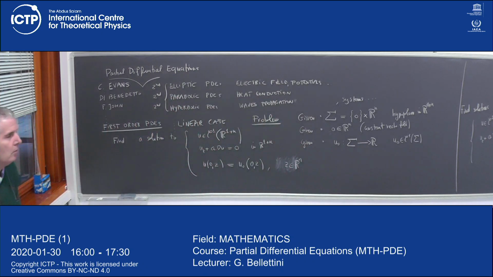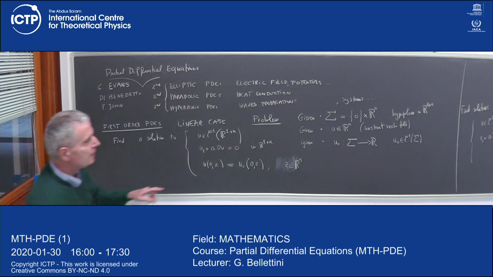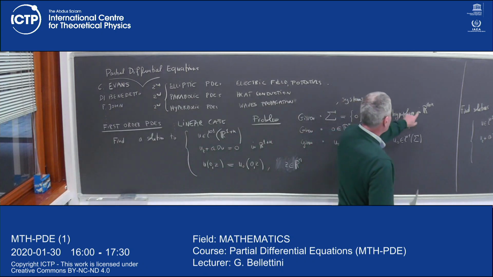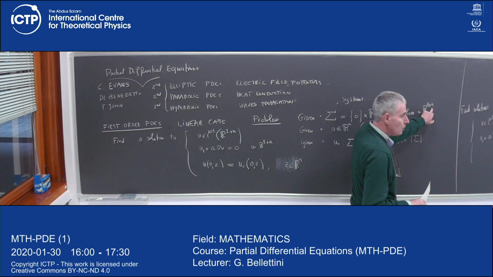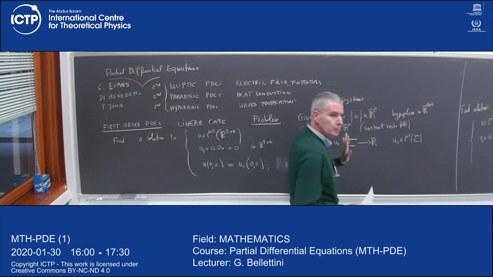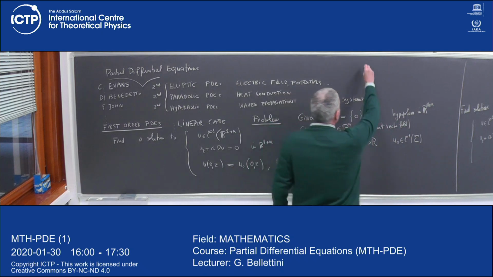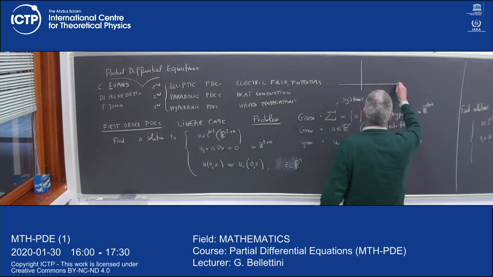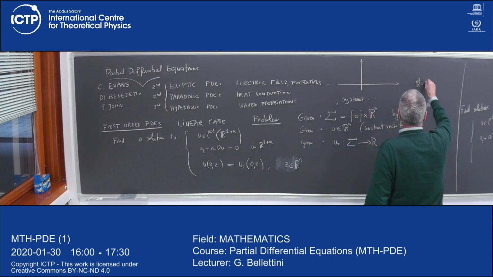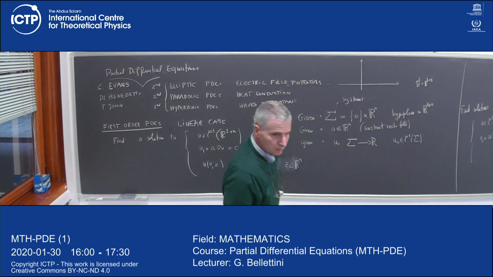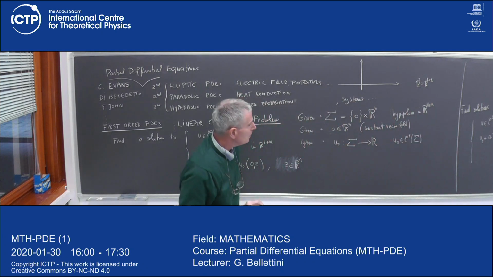Okay, let me explain. So we are sitting in R^{1+n}; think for simplicity n equal 1, so we are sitting in R2. We split R2 as follows: we write R2 as R^1 plus R^1 when n is equal to 1, just the simplest case.